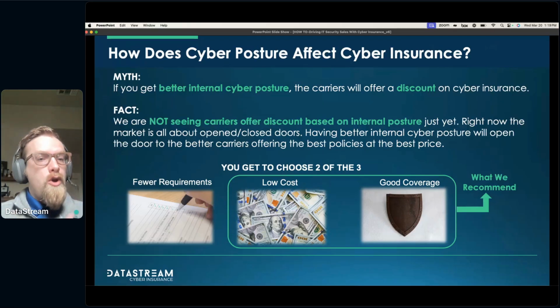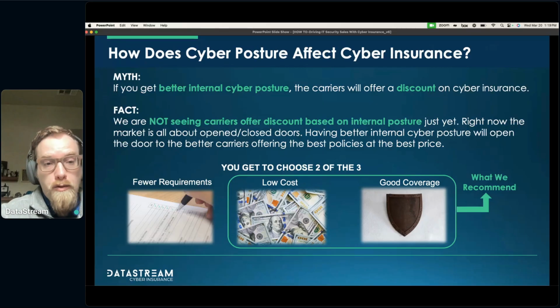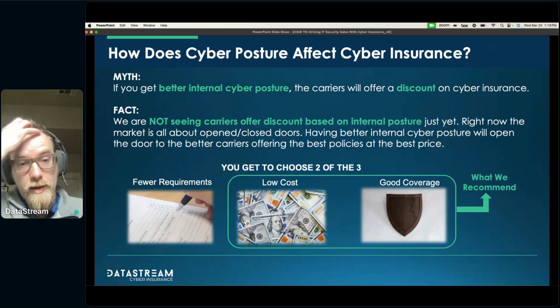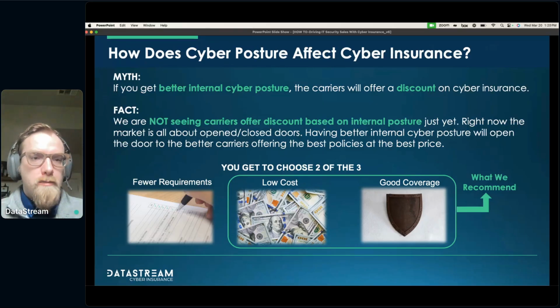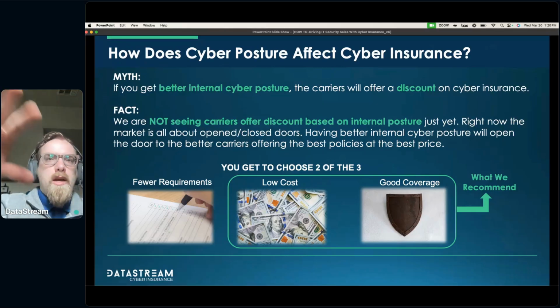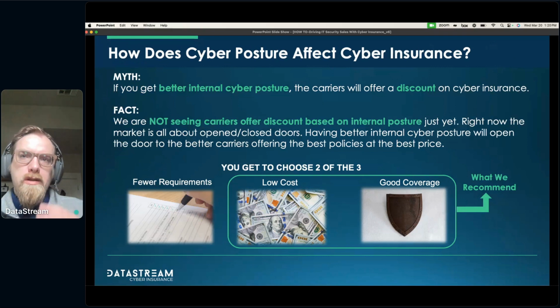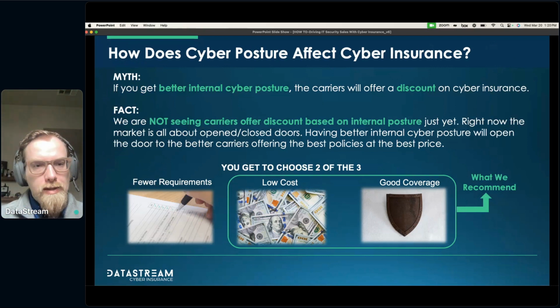Obviously, for us, we're going to recommend finding great coverage at a low cost, which is going to mean more technological requirements. For us, that makes the most sense because it's also going to put the customer in a much more secure position. So when I'm explaining to customers and partners alike how to navigate the cyber insurance space, this is how I break it down for them.